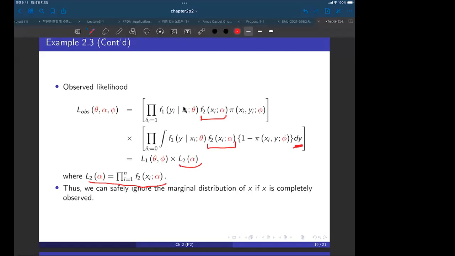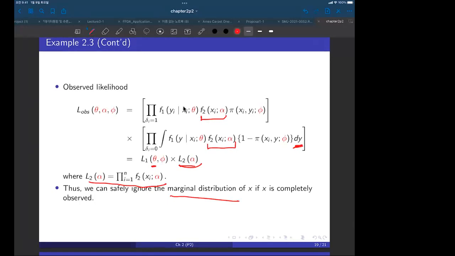So the good news is that the marginal distribution of X is totally unimportant. When it comes to estimating theta, we don't really need to know the marginal distribution.